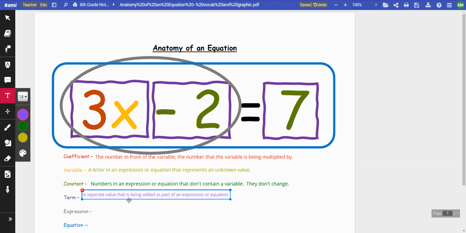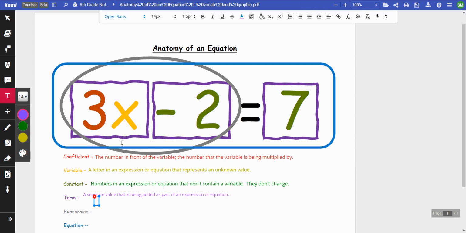So I'm going to go back to my text box here. And we have 2 types of terms. We have variable terms. A variable term is a term that includes a variable. And in this case, our variable term is 3x.